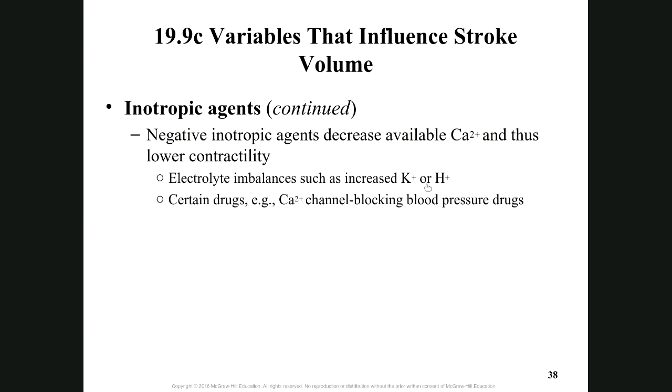They compete with calcium ion. They don't let calcium ion come into the cell, so the power of contraction comes down. And certain drugs like calcium channel blockers can block it, and then the contraction of our heart decreases. Most of the time we use calcium channel blockers when we want to treat high blood pressure.